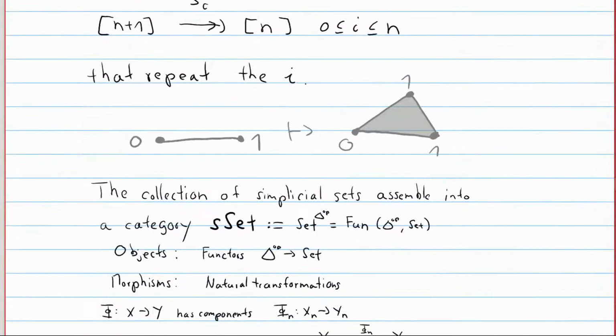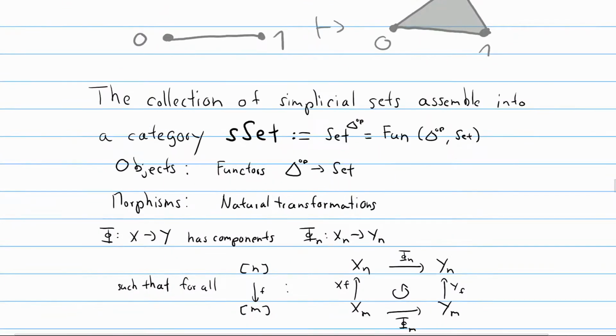So let me zoom in a bit more closely. We define the category of simplicial sets to be the functor category of presheaves into Set, which if we want to write it out, we get functors as objects, or presheaves, and morphisms. These are the natural transformations, which is the most obvious choice of morphisms if we have functors.